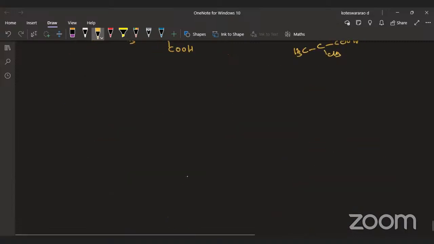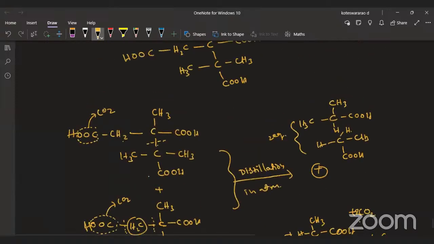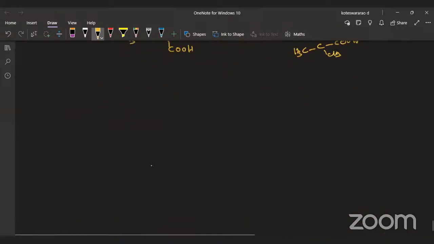Therefore, the structure suggested by Perkin, the alpha beta trimethyl carboxylic acid structure, is confirmed as the structure of camphoronic acid. We can write the conclusion here.